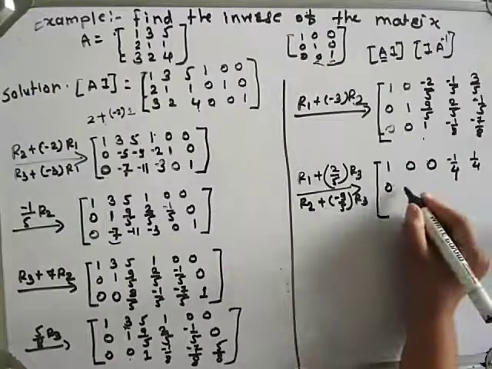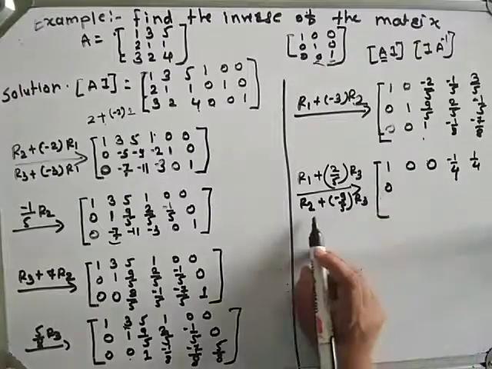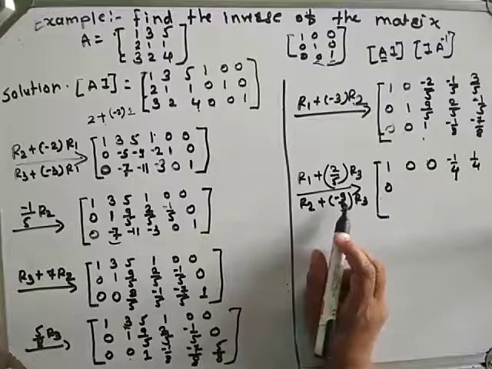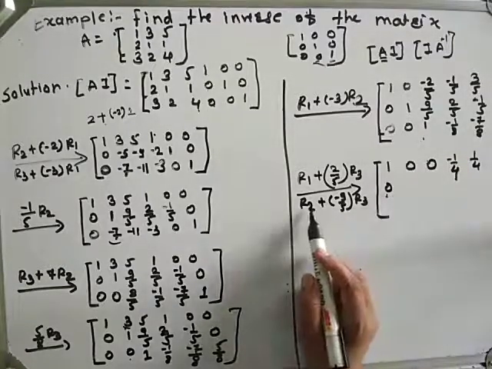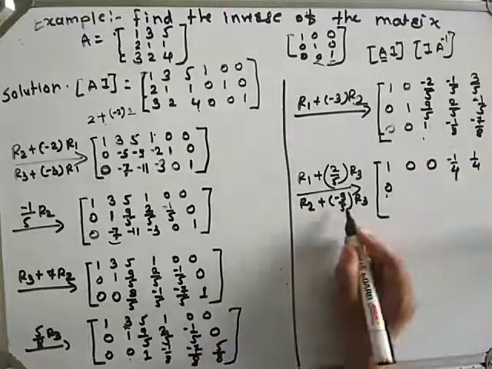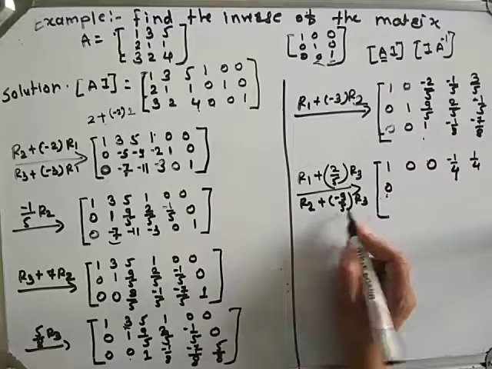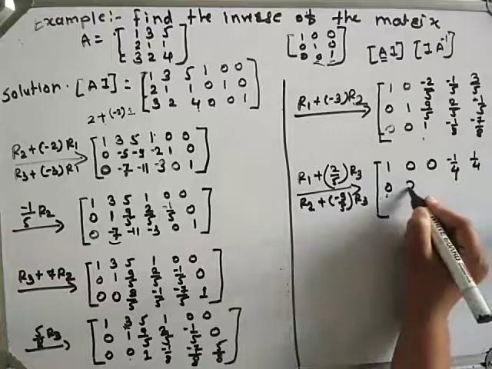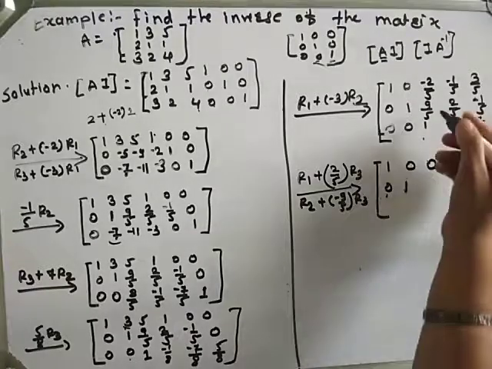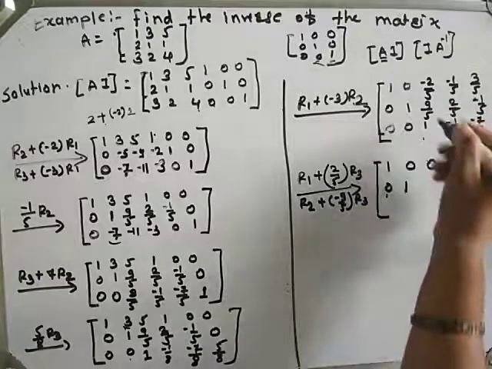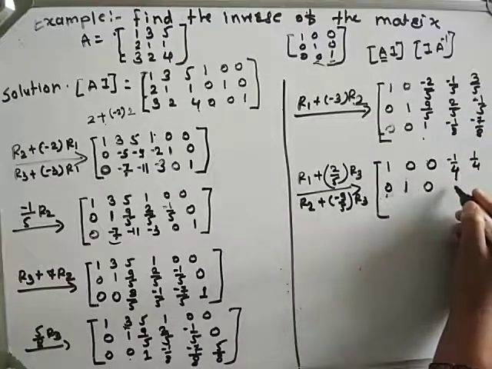The second row is 0, R2 plus minus 9 by 5 R3. Obviously, this entry is 0. Next is 1 plus 0 into 9 by 5 minus 9 by 5, so this entry is obviously 1. 9 by 5 minus 9 by 5 is 0.